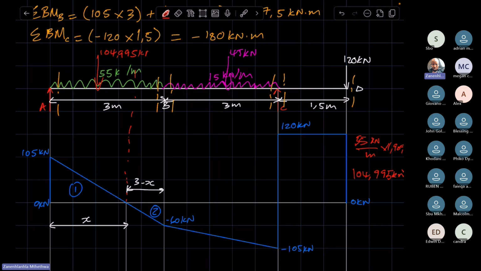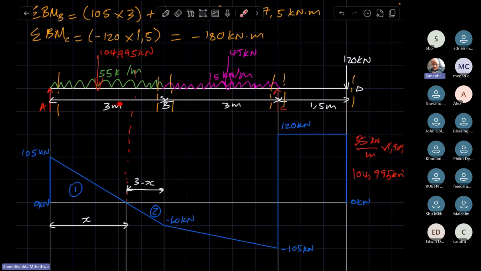Now, this being the weight of the UDL in this span means that it is acting at half of the span, because we know that the weight of the UDL always acts at half of its span.